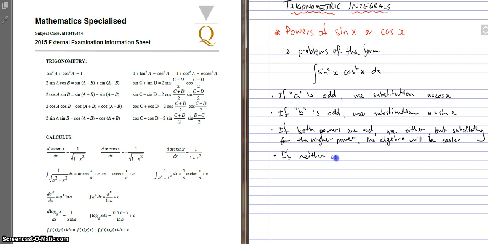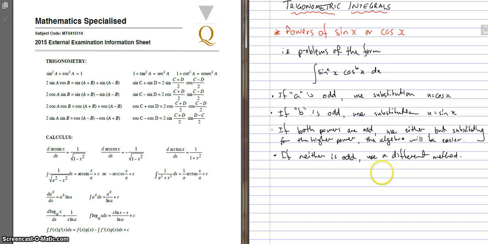If neither is odd, then we use a different method, and we'll get to that.